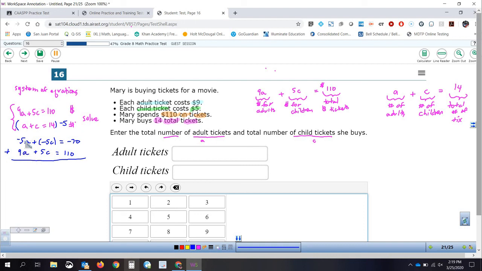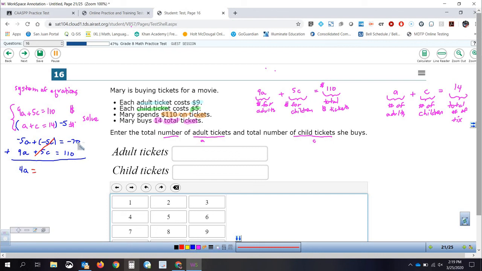So here we go. 9a minus 5a, or 9a plus negative 5a, is going to give me 4a. The reason I made these opposite is so that when I added them together, they would be eliminated. 5c plus negative 5c is 0c, so it's eliminated.